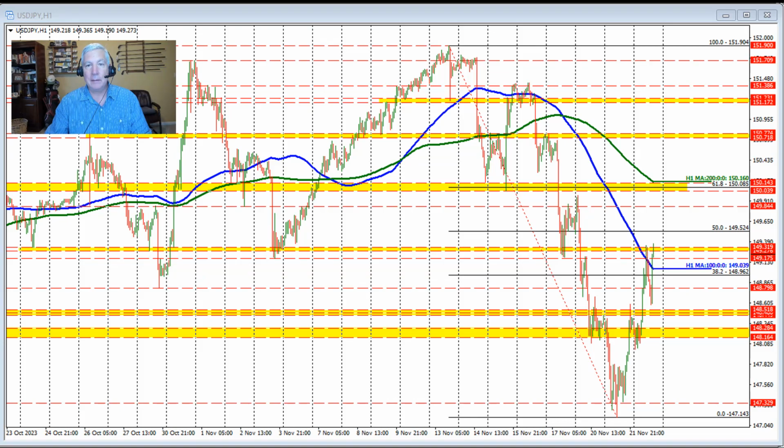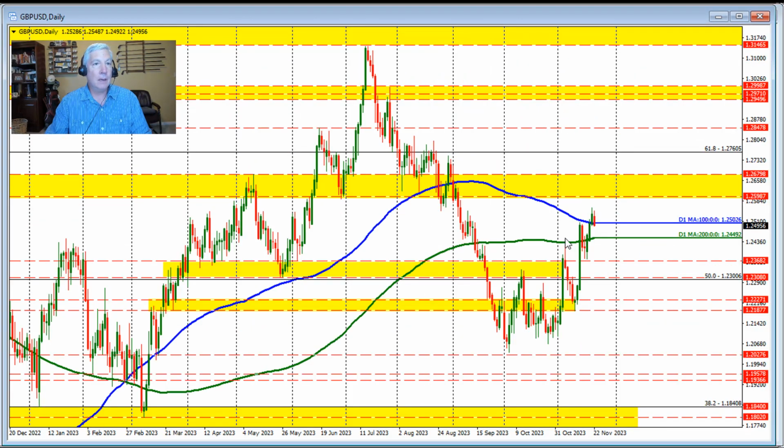And on that pair, we'll take a look at the daily chart to start things off. The price moved above the 100-day moving average in trading yesterday and extended higher. But today we are seeing a rotation back to the downside. And we are currently trading at session lows and breaking back below that 100-day moving average. There's lots of headlines from the UK budget, and obviously they're not taking it very well here.